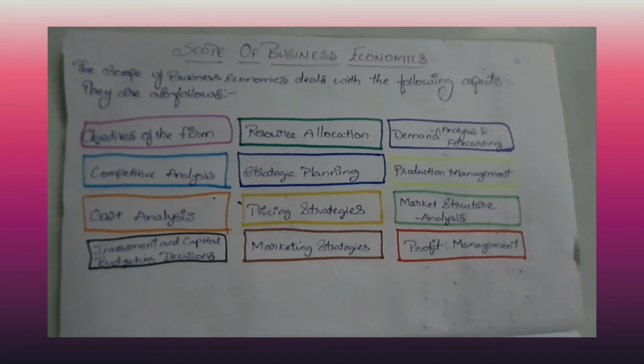If you have to fix a price for your product, how you're going to price it? You will add the amount of resources you have incurred, the cost and your effort. Yes, and it has some policies and strategies according to which you're going to price.